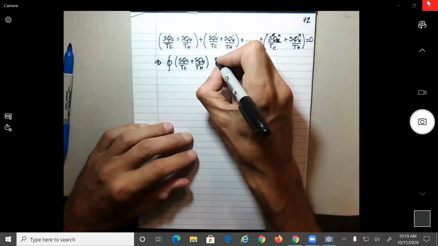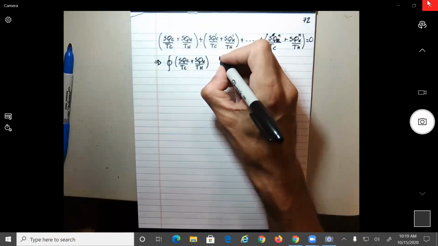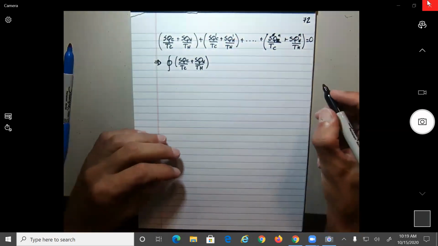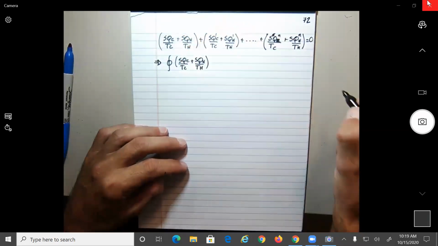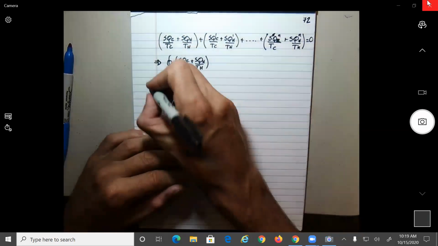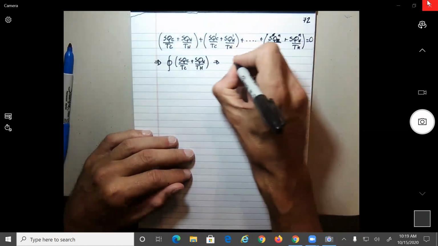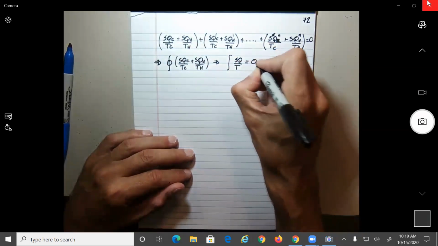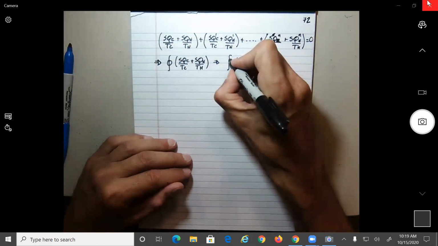So this is equivalent at the end to the integral of delta Q over T equal to 0, going around the circle.